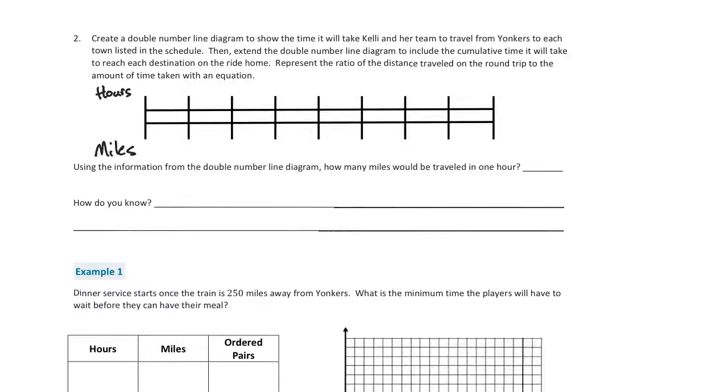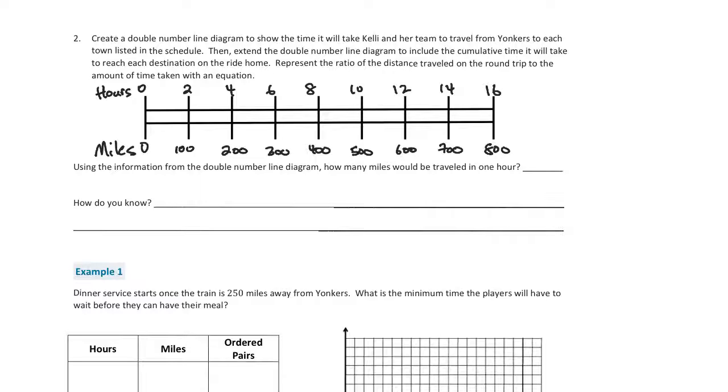So at time 0, there's going to be 0 miles traveled, and then we'll work with the table. It was 2, 4, 6, 8, 10, 12, 14, and then 16. All right, and then for the distance traveled, if we recall, it was 100 miles for every 2 hours. So this is going to fill in the second part of my double line graph. Okay, and there we go.